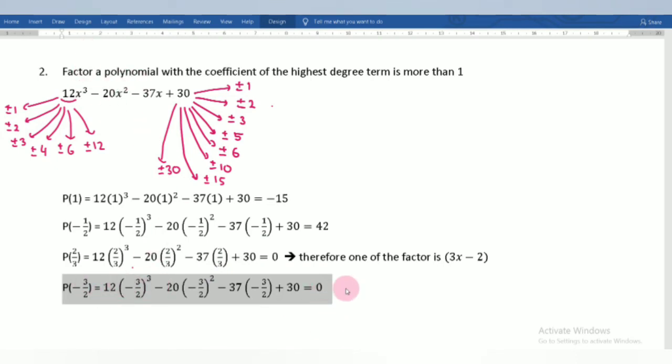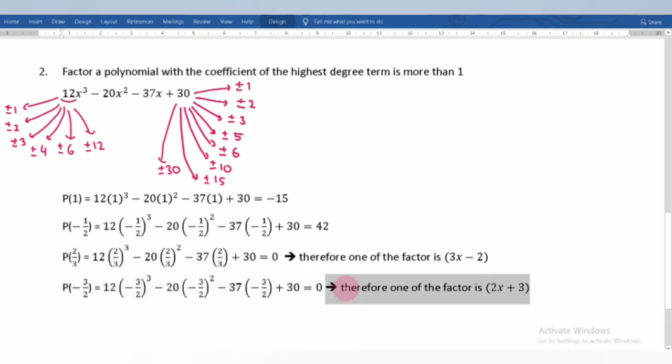So the next factor will be 2x plus 3. Again, let me show you how: because it is -3/2, the factor is x plus 3/2, and then I multiply all by 2, so it is 2x plus 3. Okay, so that's how you do it.